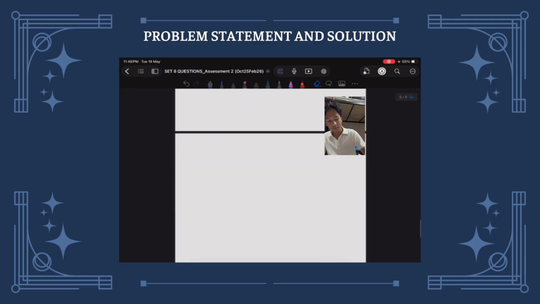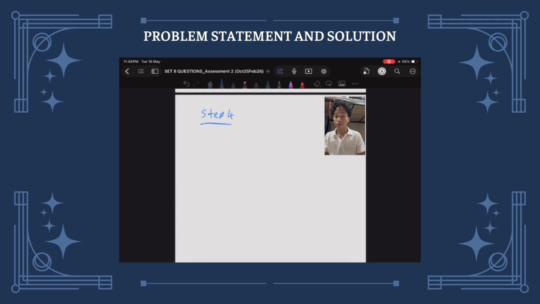After step 3, step 4 is we have to compute the value of f(x0) and f prime x0.